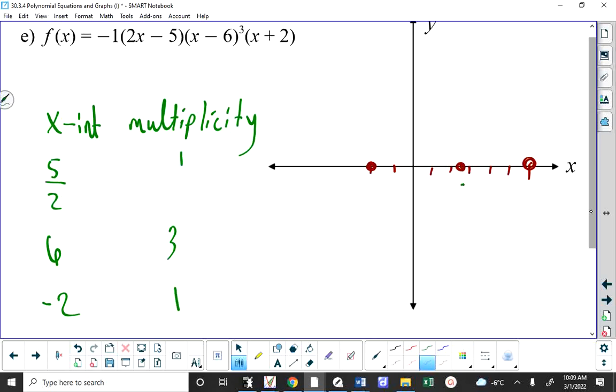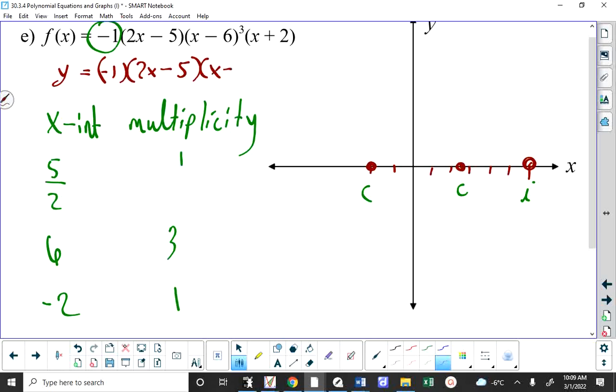5 halves is clean. 6 is inflected. Negative 2 is clean. But you see this little bit of business here, that negative 1. That means if you were to expand this out, you would have y is equal to negative 1 times 2x minus 5 times x minus 6 times x minus 6 times x minus 6 times x plus 2.